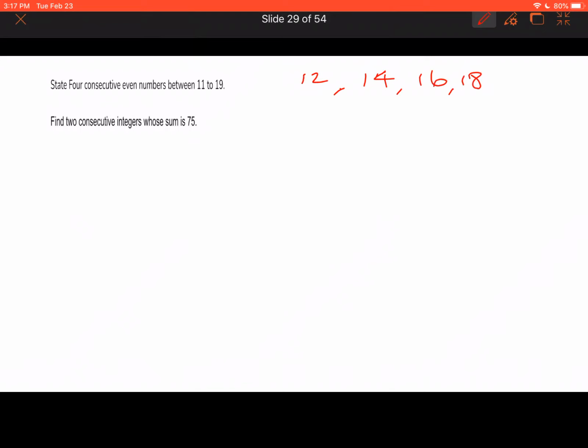Okay, find 2 consecutive integers whose sum is 75. Consecutive numbers can be generally written as n, n plus 1. I stop with this because they are asking for 2 consecutive integers. The sum of these is going to give 75, and we have to find n.